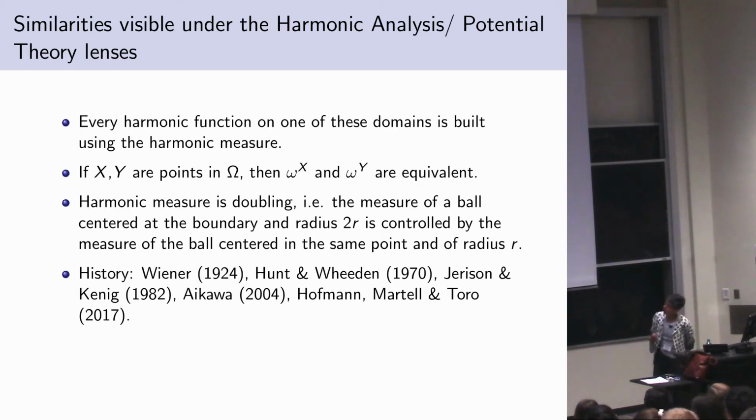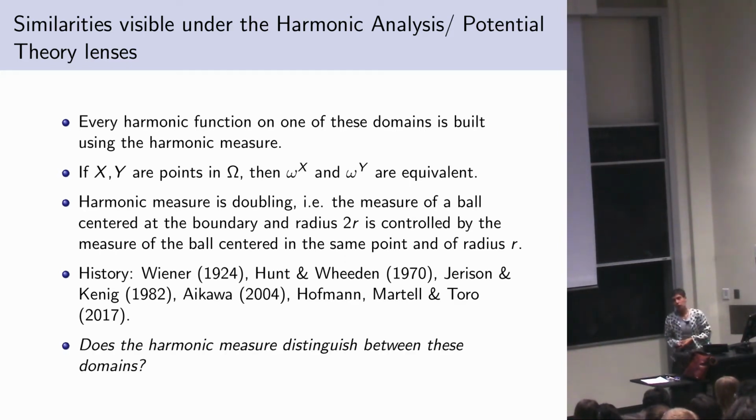Okay, so what happens is the following. Through the brief history, we look at these domains and where they fall, and we see that we have always proven, under some conditions, that they all have the same property. This is the number of people that have made contributions. Let me not dwell on that. But what we want to know is, okay, they have similar properties. They're doubling, but can they distinguish?